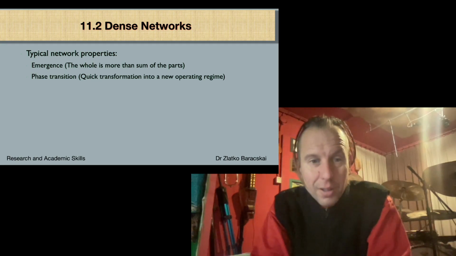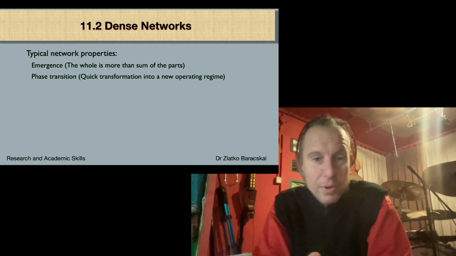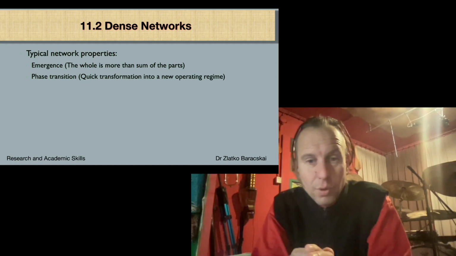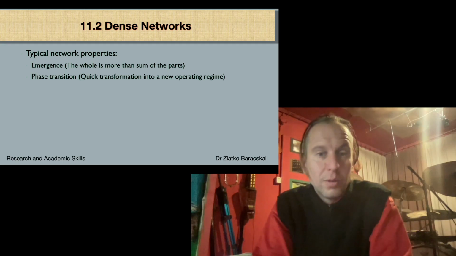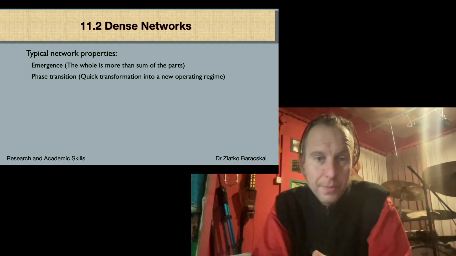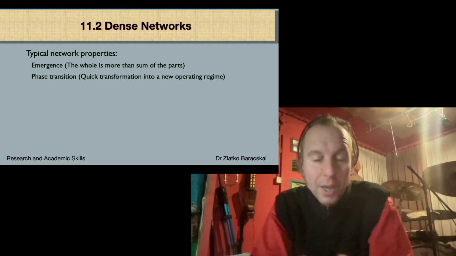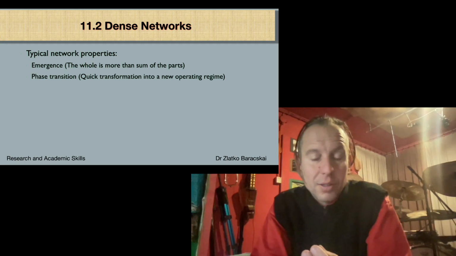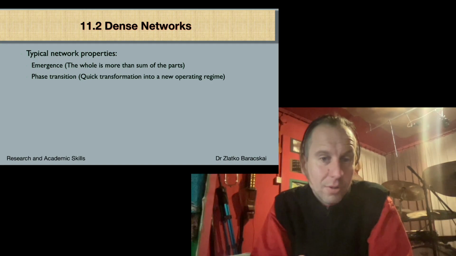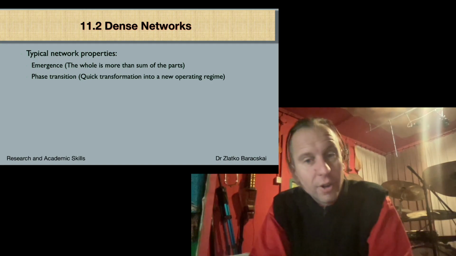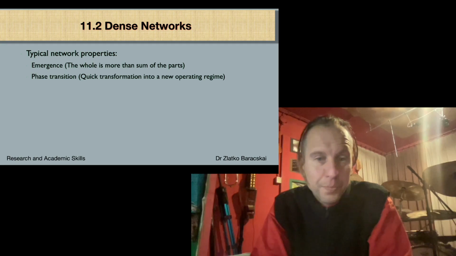Phase transition, you can easily remember if you associate this with ice, water, and vapor. So what we have is the same set of elements, but a totally new behavior that suddenly emerges based on the environmental factors.